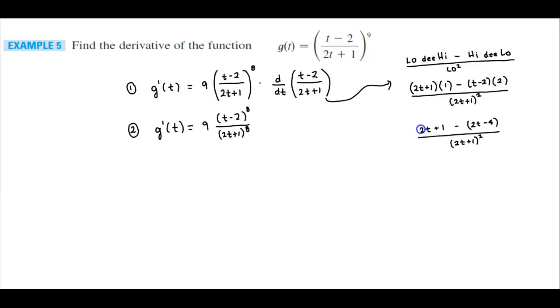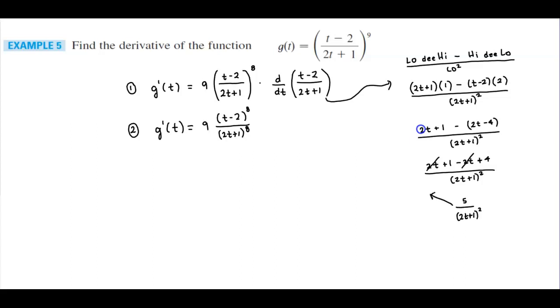And if we distribute the minus sign, we get 2t plus 1 minus 2t plus 4, all over (2t plus 1) squared. So we can eliminate the 2t's, and 1 plus 4 is 5 over (2t plus 1) squared.